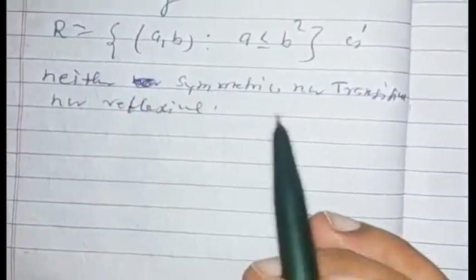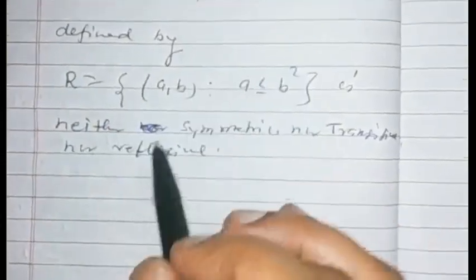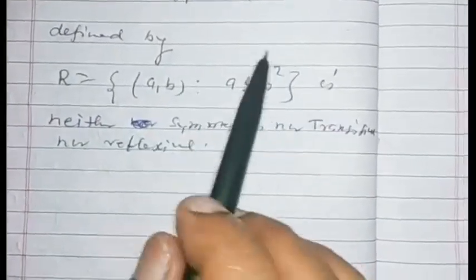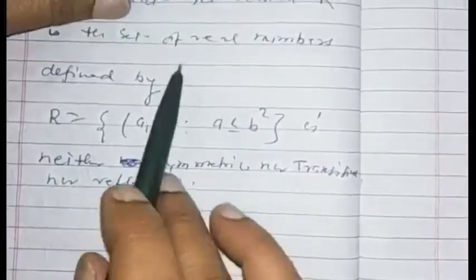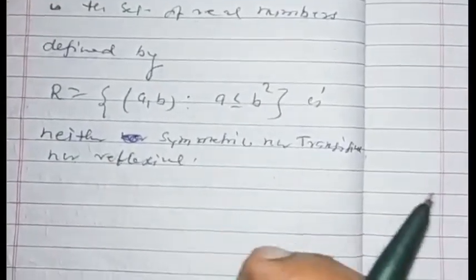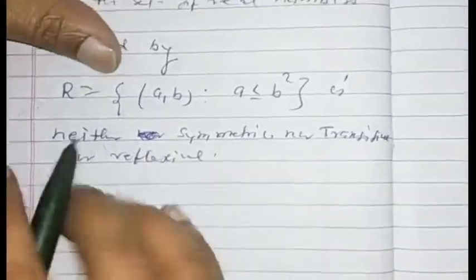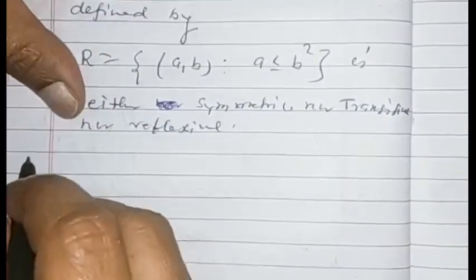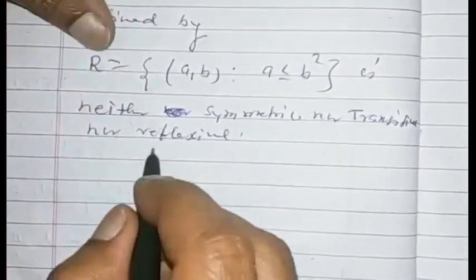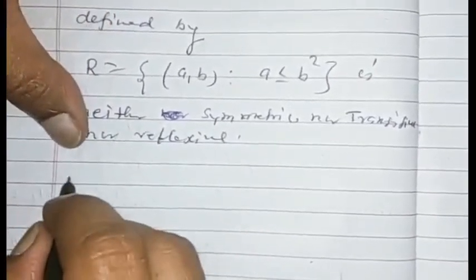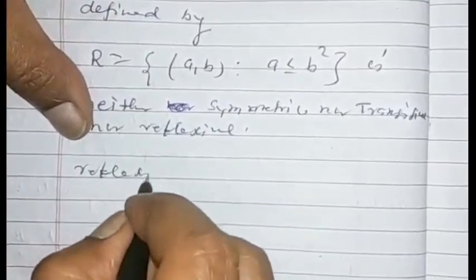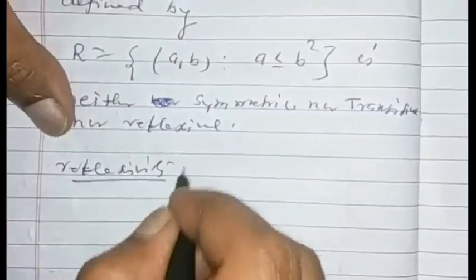Now we construct examples so that we prove this problem. Since the relation is defined over the set of real numbers, we take any real numbers, and then we have to show this is not symmetric, not transitive, not reflexive. How is it possible? Let us start as follows. First of all, we verify reflexivity of the relation.